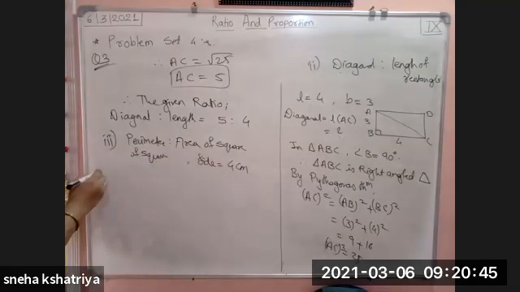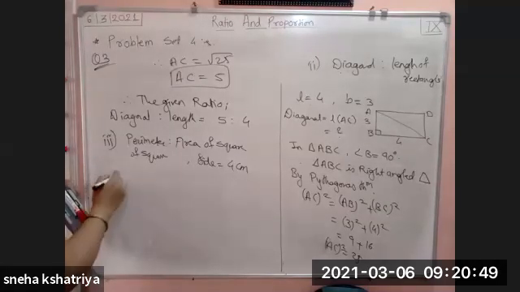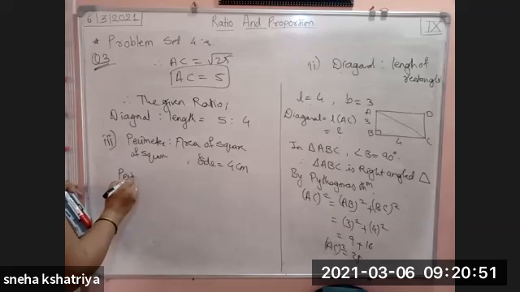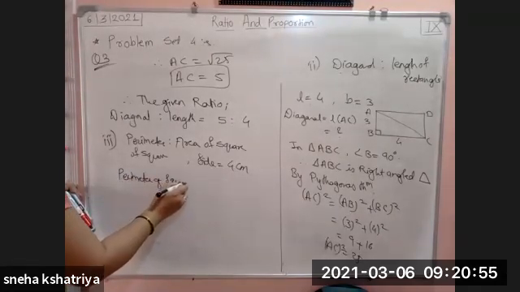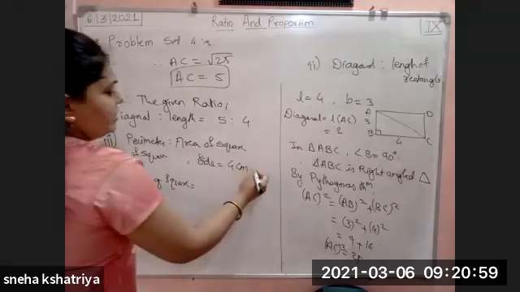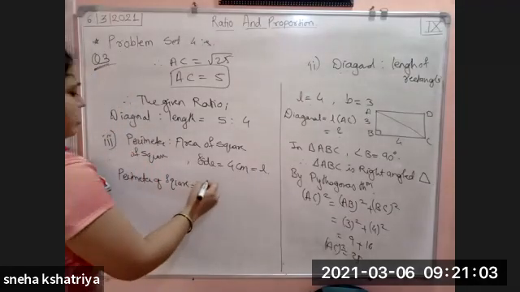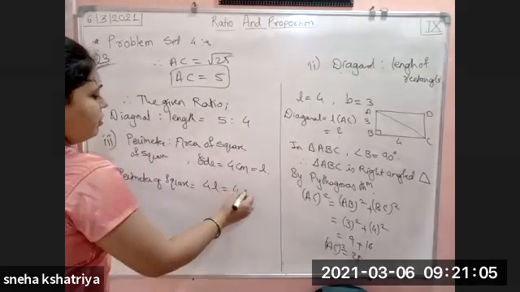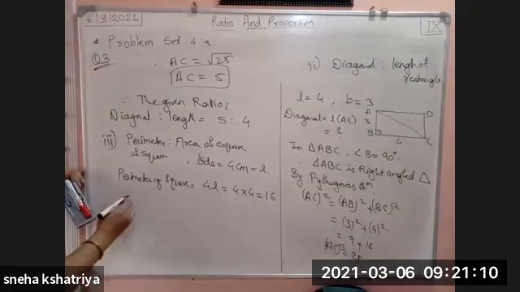So perimeter of square. First we will find out the perimeter of the square. It is 4L. Let us suppose this side is denoted by L. So perimeter means what? Your 4 into L, which is equal to 4 into 4, which is equal to 16. And area of square.